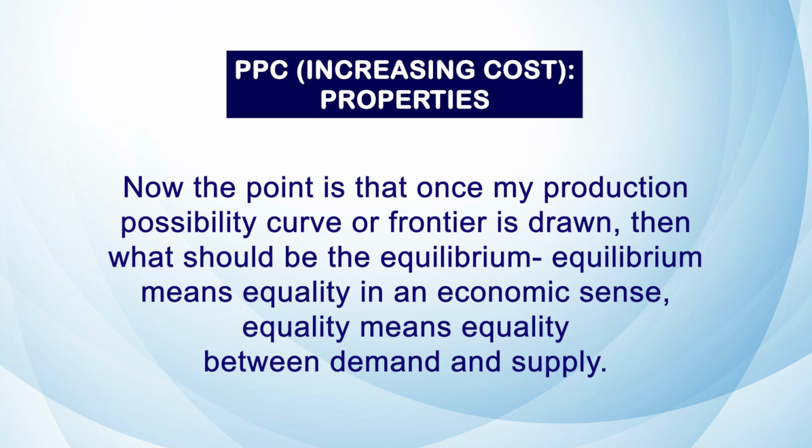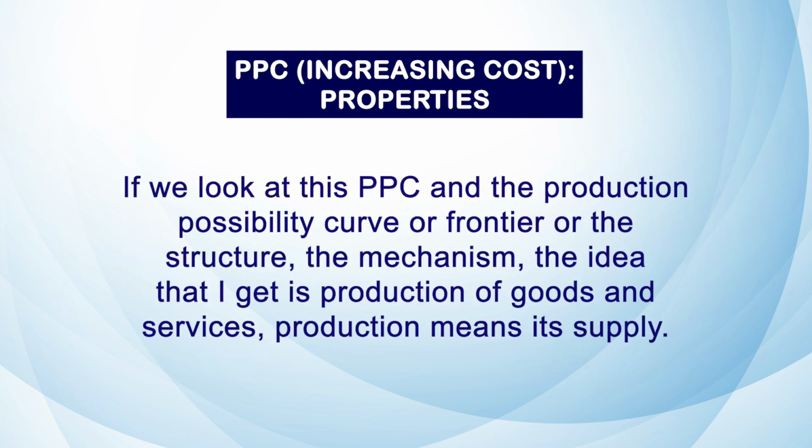Now the point is that once my production possibility curve or frontier is drawn, what should be the equilibrium? Equilibrium means equality. In an economic sense, equality means equality between demand and supply. If we look at this PPC, the idea that I get is production of goods and services.